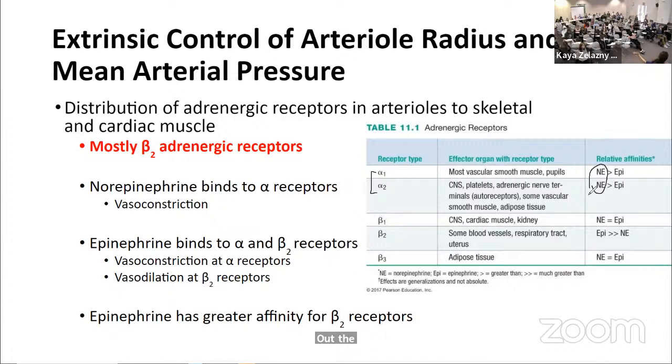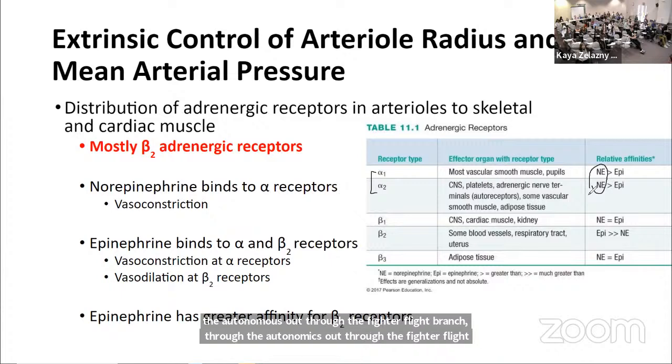So your brain sends a signal out through the peripheral nervous system, out through the autonomics, out through the fight or flight branch, that sympathetic nervous system, putting out norepinephrine from most of its nerves, right? The overall result when those nerves touch your arterioles is that they're going to constrict.